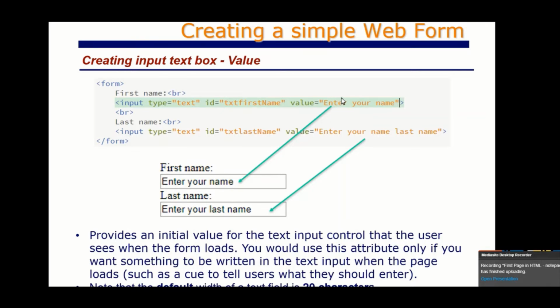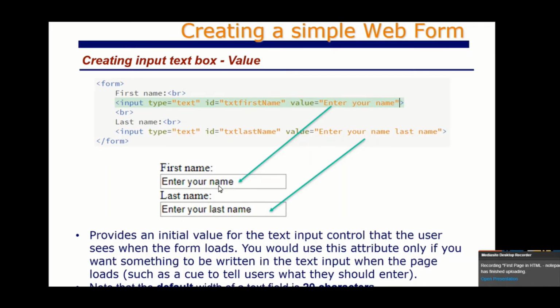Okay, there is another property that we can use, that is placeholder instead of value. The problem with value is that this is the value that is going to appear here. So if the user doesn't type the first name and last name, you're going to get as first name, "enter your name," and as last name, "enter your last name."